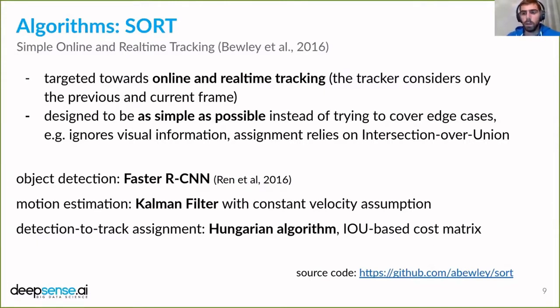But another very important element of the tracking algorithm in SORT was the usage of the Kalman filter framework for motion estimation. I have a separate slide for Kalman filters, so wait for it. For the assignment of detections to tracks, they used the Hungarian algorithm, which is a minimum cost assignment algorithm based on a cost matrix, and in this case, the matrix was based on IOU values.